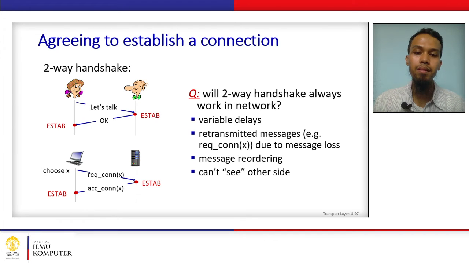It can be due to variable delays, or it can be due to message loss. So there will be some message ordering issues, and the issue here is that if we are only using two-way handshakes, the server cannot see whether the client has already received the accept connection message.